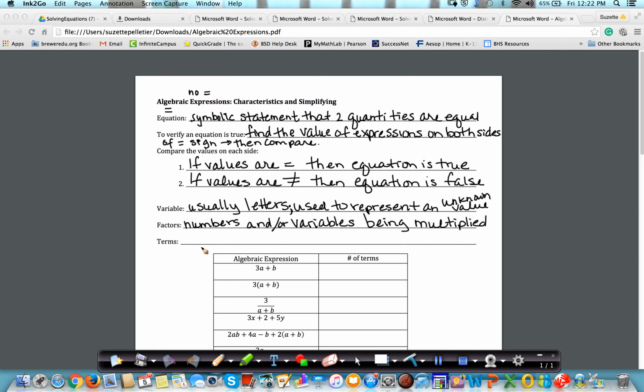Okay. A term is an algebraic expression consisting of, this one's kind of long, so if you can write small, you should, consisting of numbers, letters, or the product of numbers and letters.